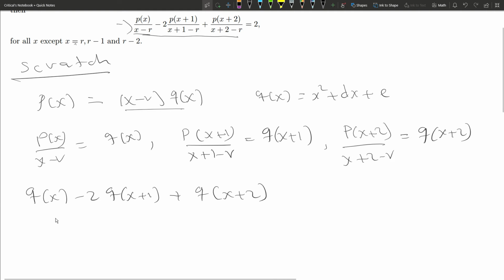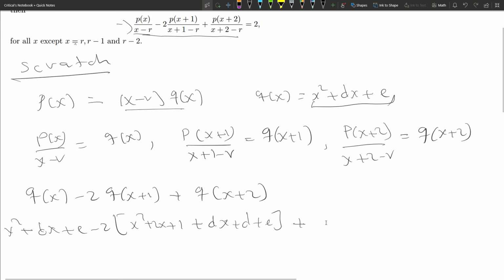If we plug in the expression we have for q of x, we get x squared plus dx plus e minus 2, and plugging in x plus 1 into q of x, we get x squared plus 2x plus 1 plus dx plus d plus e.